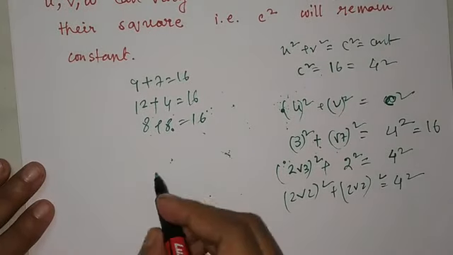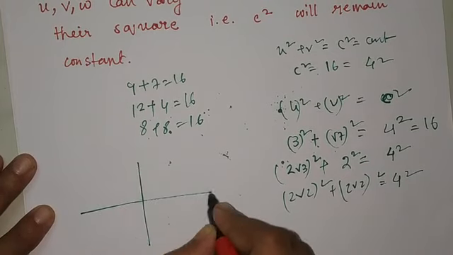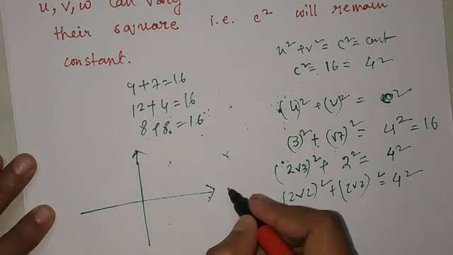Now to express it in a diagram, suppose again we have a velocity diagram.